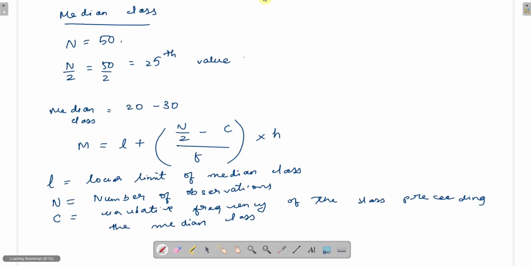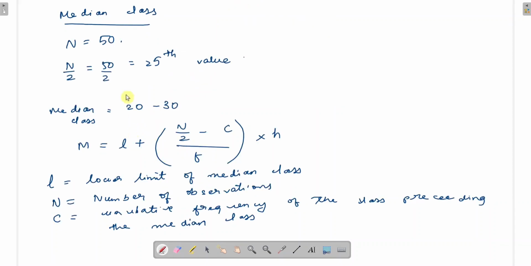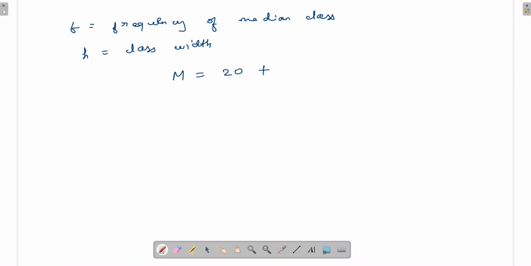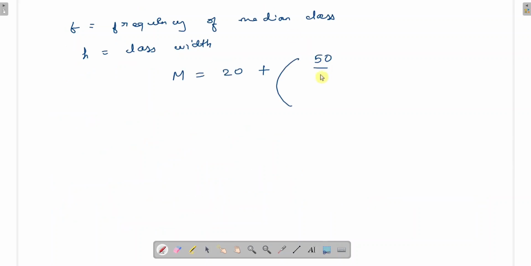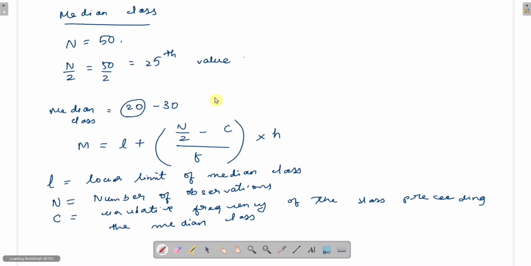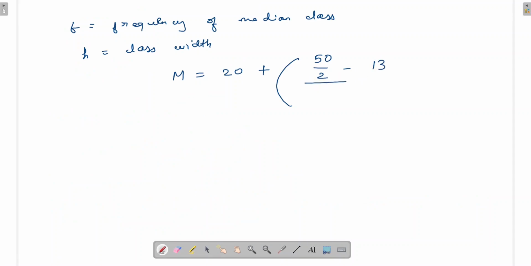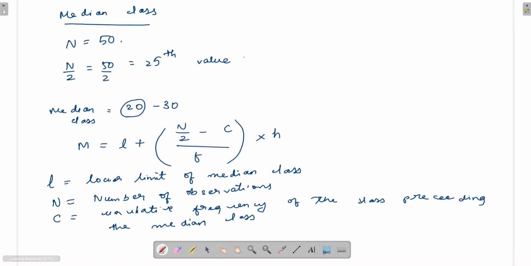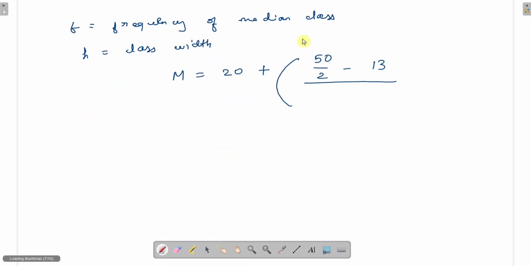Now let us calculate the median. M is equal to L, the lower limit of the median class, so this will be 20, plus bracket N, that is 50, divided by 2, minus C, the cumulative frequency of the class preceding the median class, that is 13 here, divided by F, the frequency of the median class, that is 15, into H, which is 10, the class width.